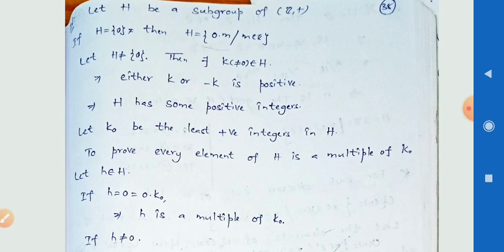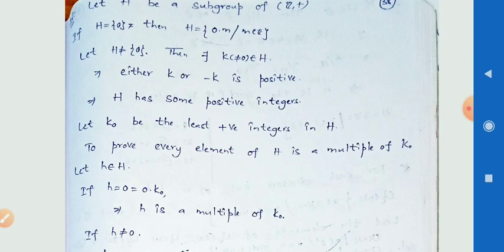Therefore this is not an empty set; the 0 element is contained. Now I am taking H not equal to the 0 set, meaning H must contain some elements. Then there exists k not equal to 0 that belongs to H. Either k or minus k is positive, so H has some positive integers.